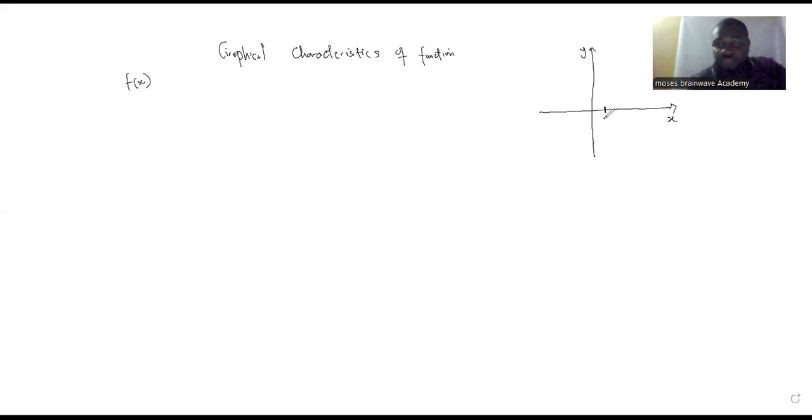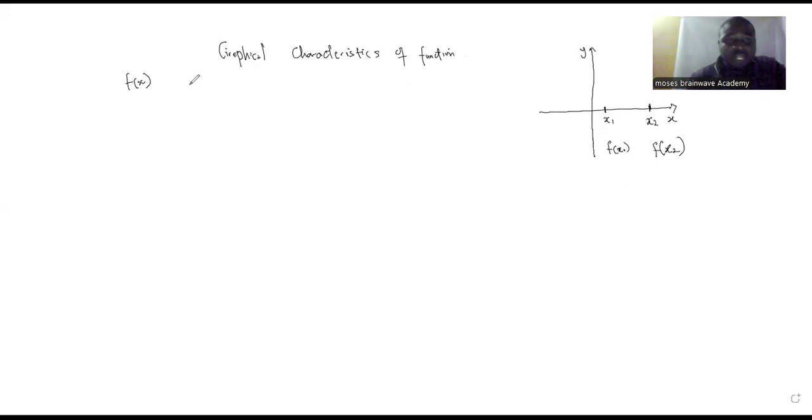Let's say, for instance, you choose this point x1, and there's another point over here, x2, right? Now, if you evaluate the function at this point, you get f of x1. Then at this point, the function is f of x2. Fantastic. So if you evaluate this function at these points, you're going to determine if they are increasing or not.